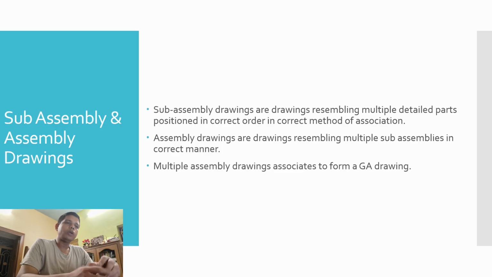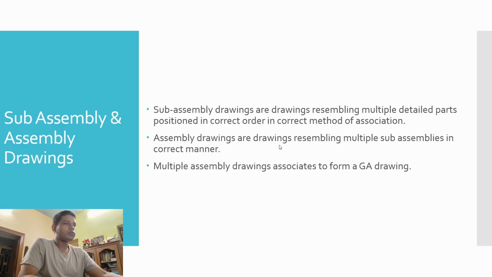That particular drawing is called a subassembly drawing. Let's take a very common example, a bolt and a nut. The nut needs to be fastened over the bolt threads. That particular arrangement has to be shown in a drawing. This particular drawing is called the subassembly drawing.